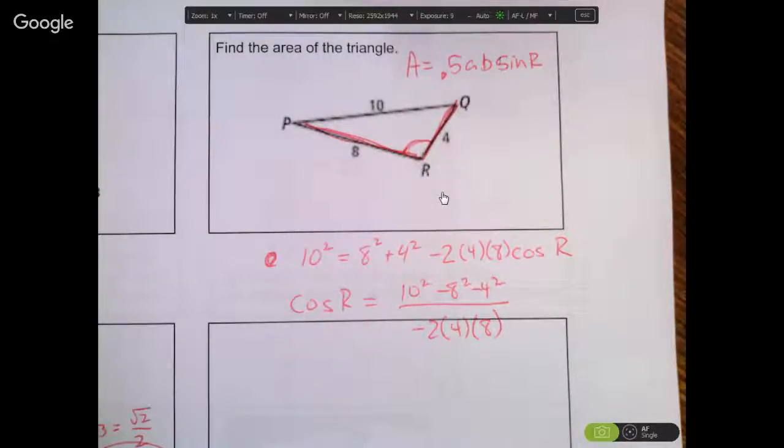Is that the angle? Are you sure about that? Yes, I literally... What is the answer? 64, I think. I got a decimal.